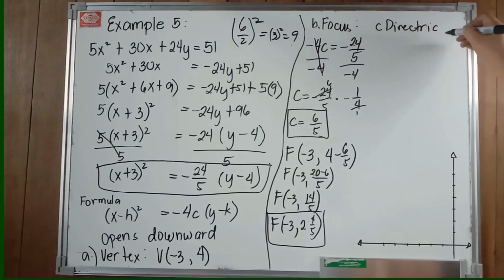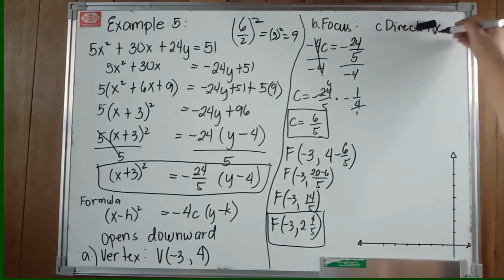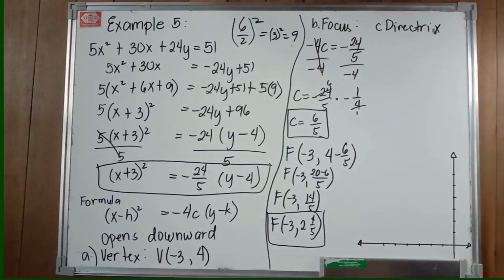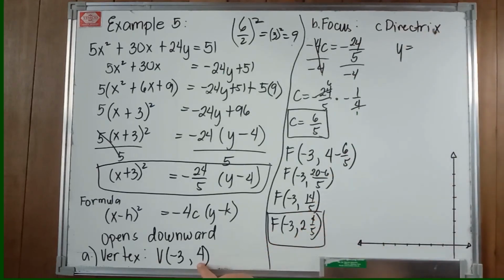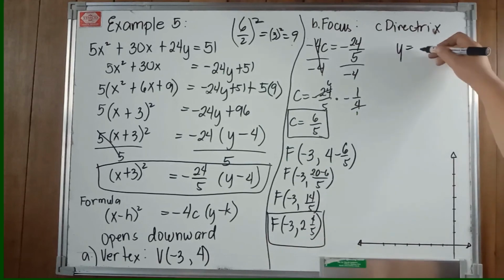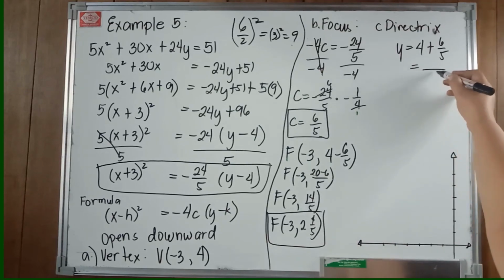Next, for the directrix, y is equal to, we will add 6 over 5 to 4. Since the directrix is above the vertex because our parabola opens downward.